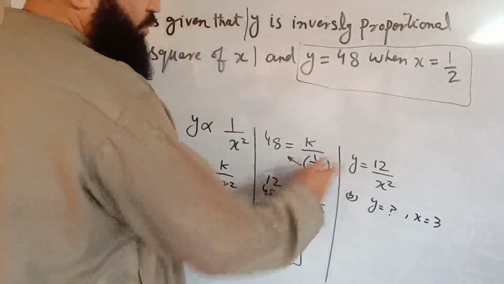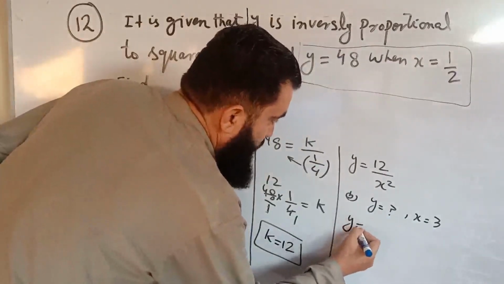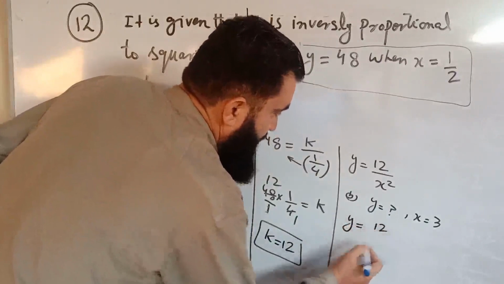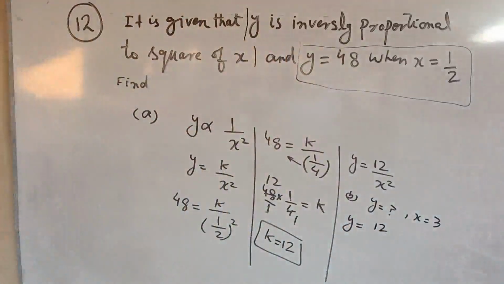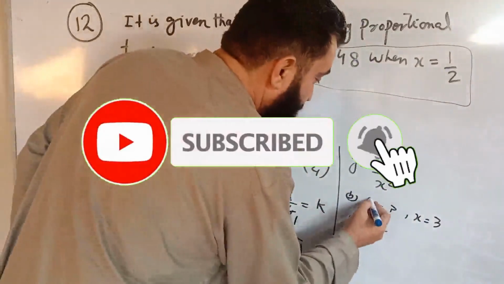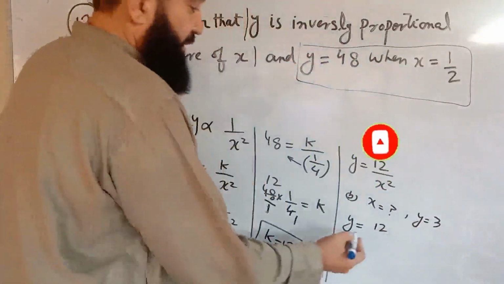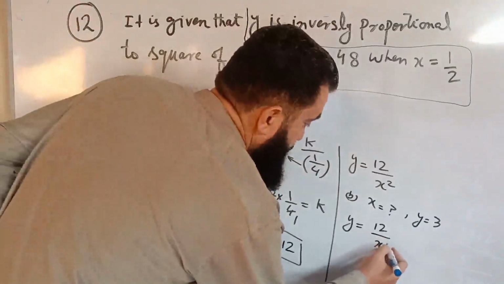We have y is equal to 12 over x square. This is the question. We will put the value there.